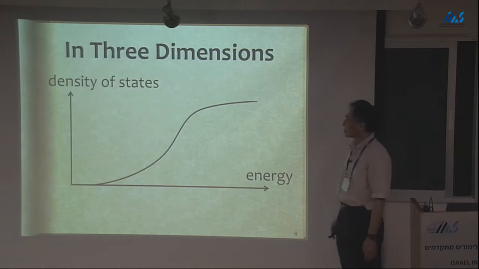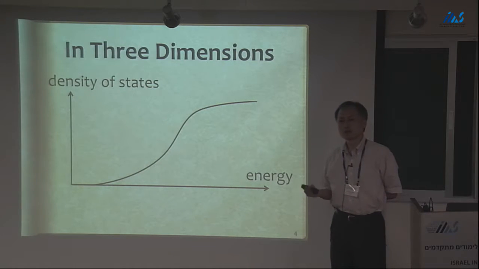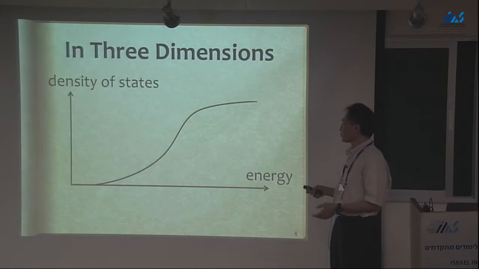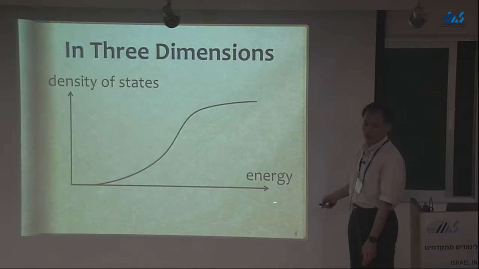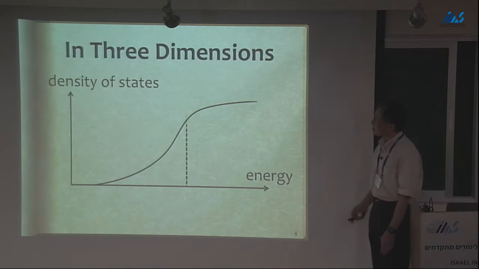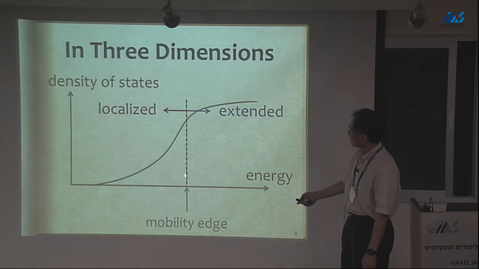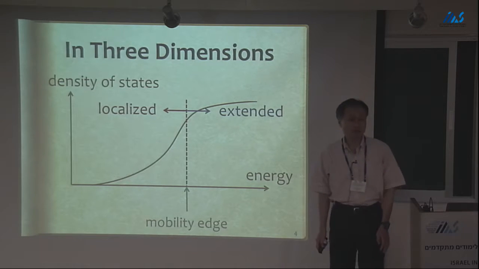And originally, as I said, the idea was proposed for explaining the metal insulator transition in electron materials. So if you have a density of states like this versus the energy, in 3 dimensions, it's said that there is a critical energy, which is called the mobility edge, below which states are localized, and above which states are extended.